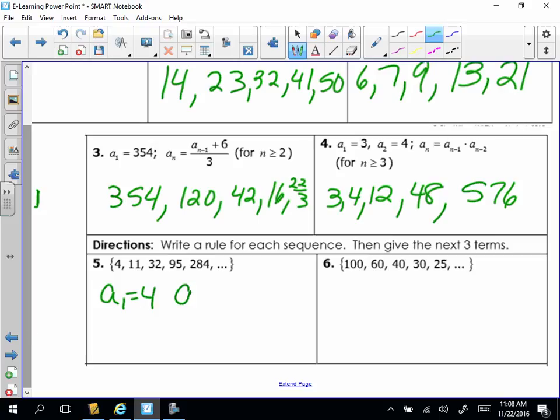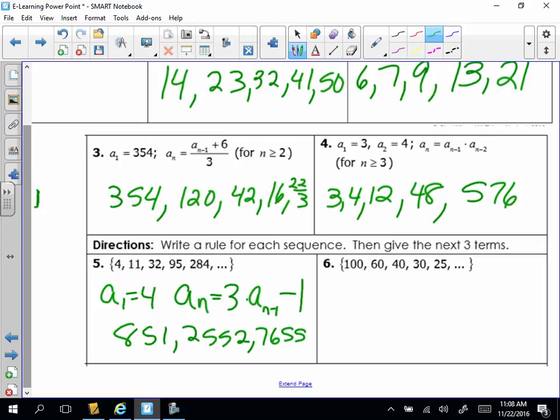And so my general formula is going to be 3 times a sub n minus 1, minus 1. 3 times 4 minus 1 is 11. 11 times 3 is 33, minus 1 is 32. And that would keep working. If we keep putting the pattern in there, we've done so many of those, I'll just tell you the next 3 would be 851, 2552, and 7655.